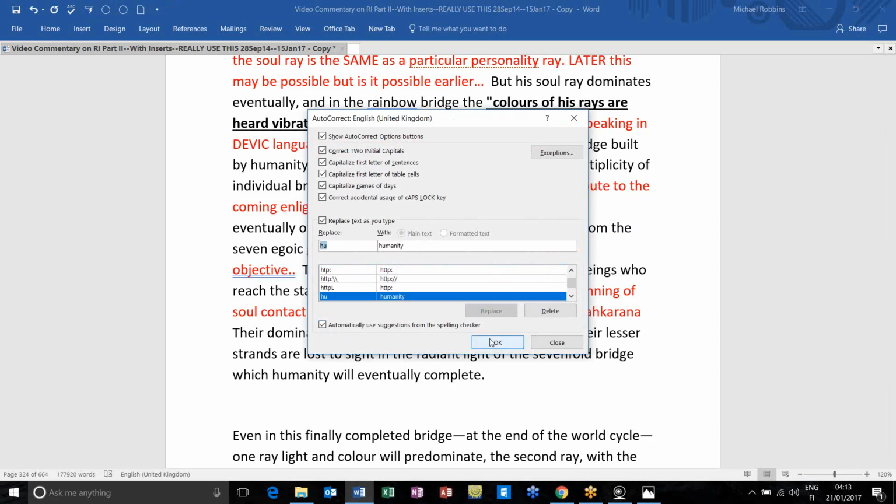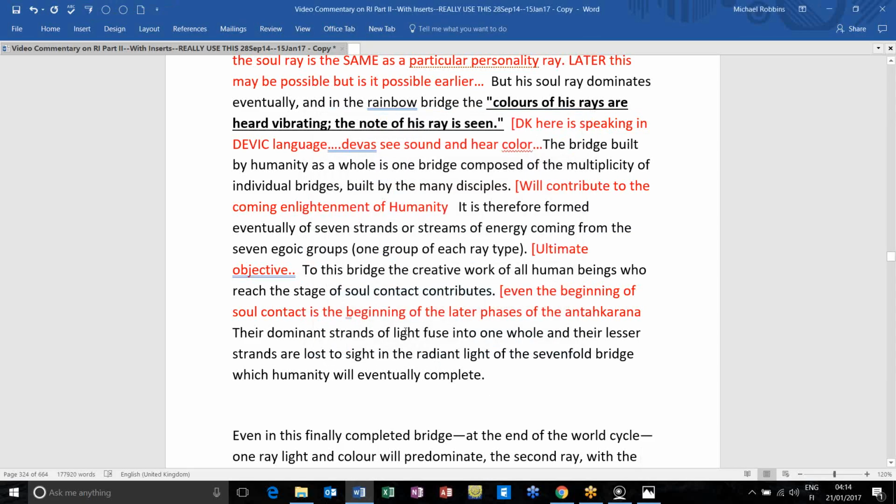Okay. There we go. So their dominant strands fuse into one whole, and their lesser strands are lost to sight in the radiant light of the sevenfold bridge, which humanity will eventually complete. So nothing we have done along the line of the 7 rays is ever lost.